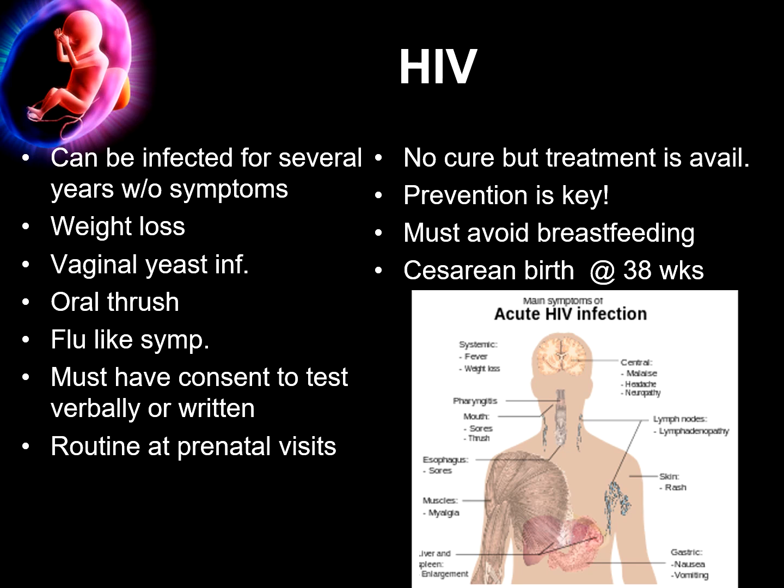They have mouth sores and thrush in their mouth, a yeast infection of the oral cavity. They have enlarged lymph nodes, lymphadenopathy, throughout their body. They may have a skin rash. Their esophagus is impacted with sores throughout, and they have myalgia, pain of the muscles.